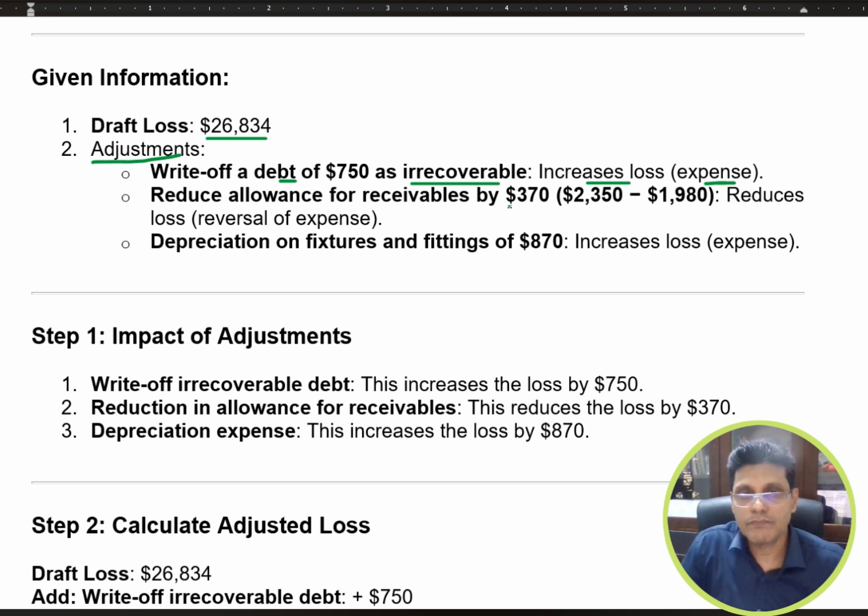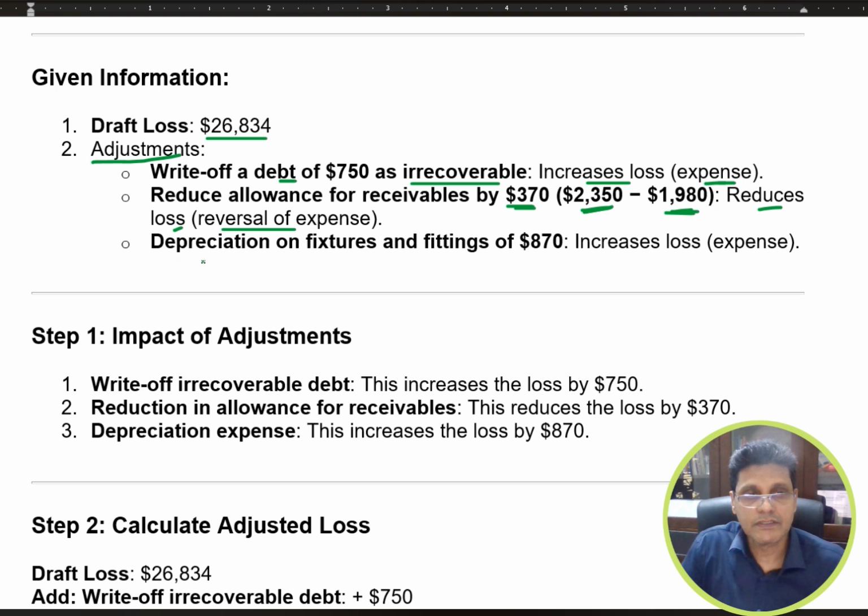This amount will reduce by $370 because there was an opening balance of $2,350. However, at the year end, the allowance should be $1,980. So you need to reverse the expenses originally provided for. Originally we provided $2,350. Now you need to reduce the provision to $1,980. So this is a reversal of expenses, and therefore it will reduce the loss.